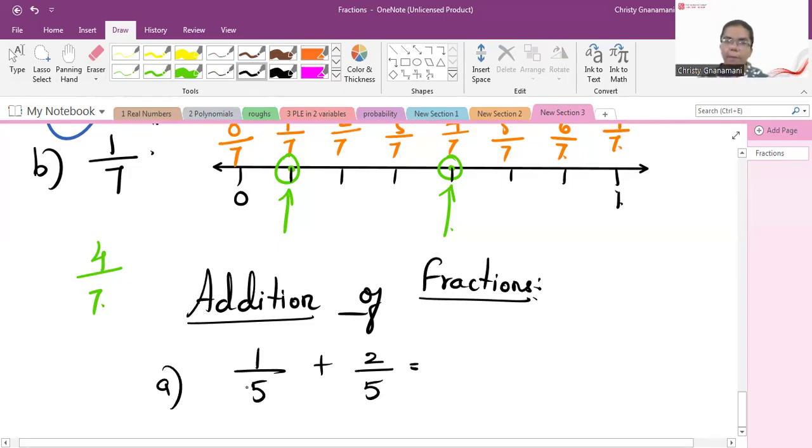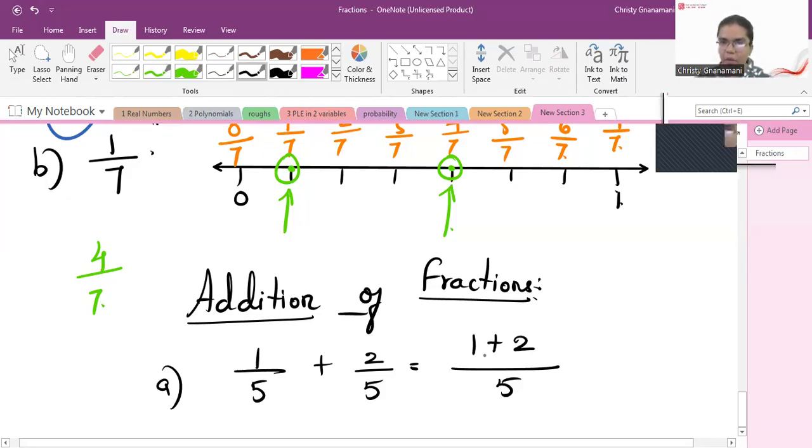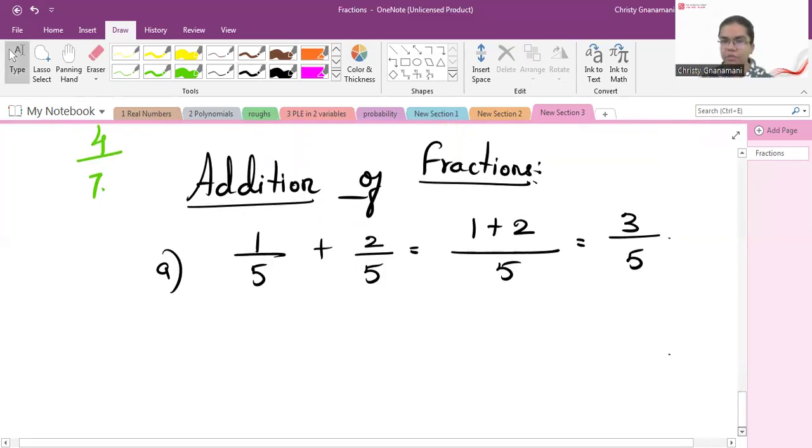So see here, both the fractions are like fractions because they have the same denominator, right? So adding like fractions is very easy. What should you do? Just keep the common denominator and add both the numerators together. So 1 plus 2 gives you 3/5. So this is your sum. So when you add 1/5 plus 2/5, you get 3/5.